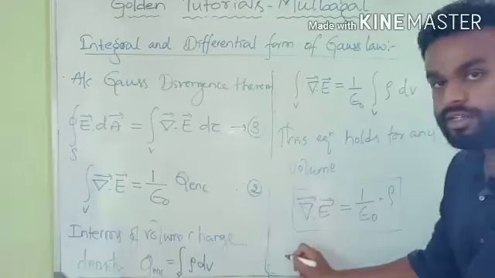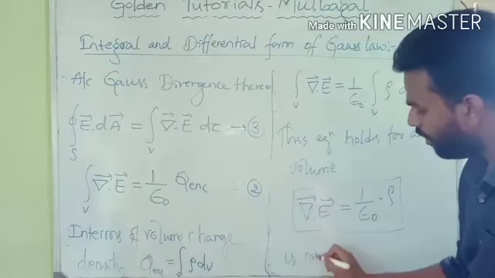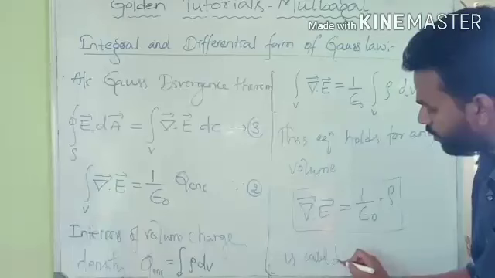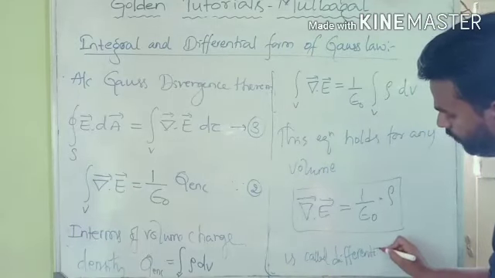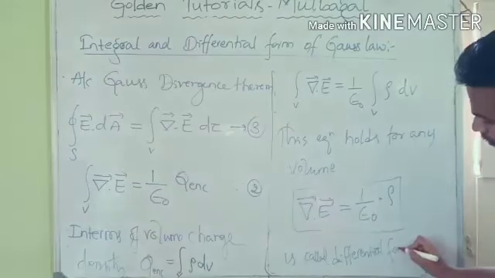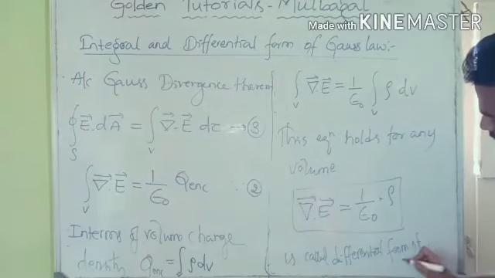So this equation is called the differential form of Gauss law.